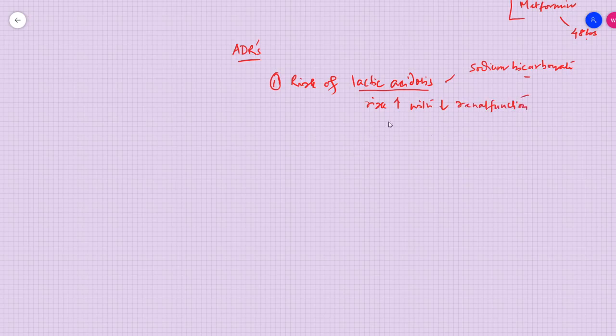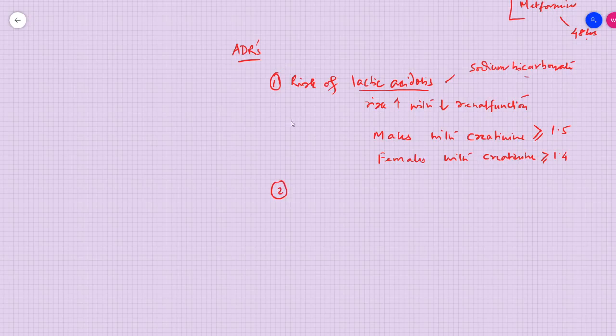Okay, so therefore, this drug is not recommended in males with creatinine value greater than or equal to 1.5, and in females with creatinine value greater than or equal to 1.4, meaning in people with compromised renal function, this drug should be monitored. Okay.